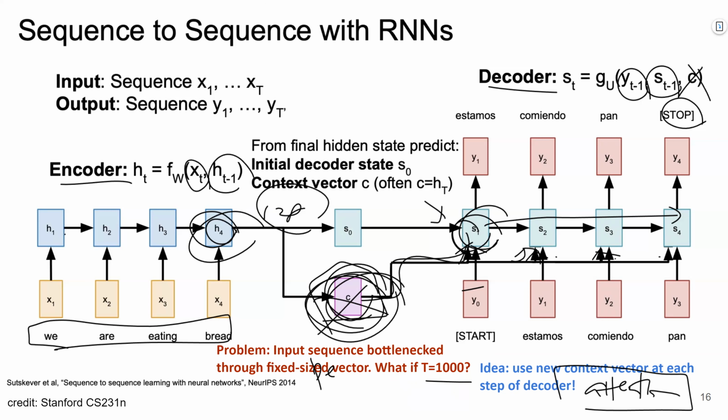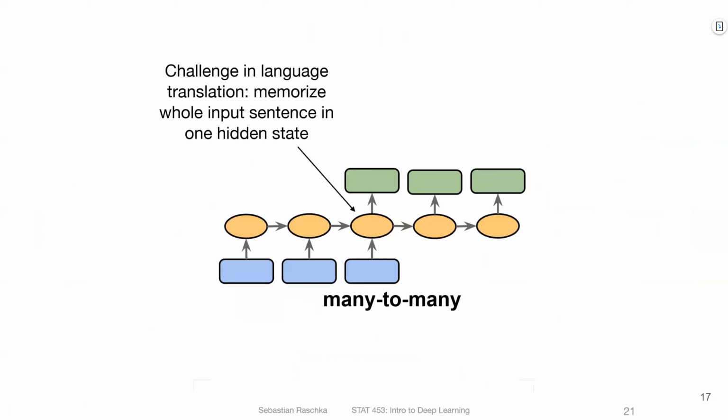Up to this point, we've talked about the architecture of sequence-to-sequence. And once again, it could be challenging in language translation to memorize the whole input sentence in one hidden state here.